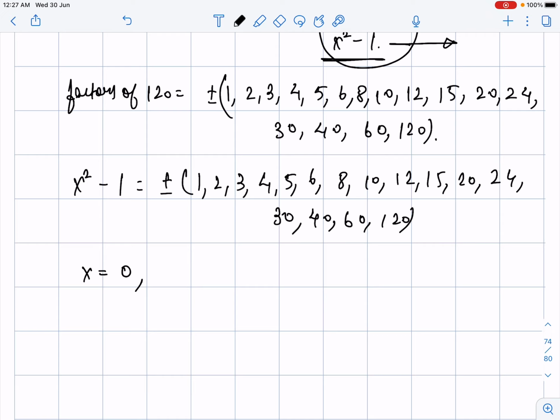If I take minus 2, minus 2 plus 1 will become minus 1, so I cannot take the minus sign after minus 1. We would have to look for the plus sign only because x square will become a negative quantity if I take the minus sign with 2, 3, 4, 5, 6, 7, 8 and so on.